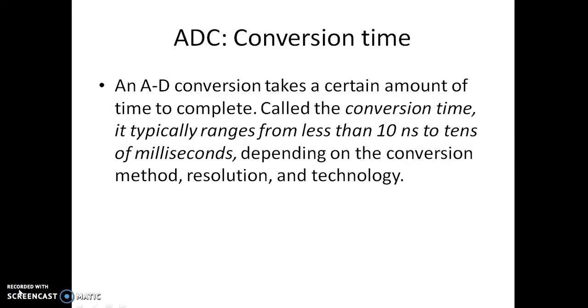After seeing the INL and DNL of the ADC, we know that once we give the startup signal, the ADC will complete the operation of converting the input analog voltage to digital form. It will certainly take some time, which is represented by the conversion time. An ADC conversion takes a certain amount of time to complete, called the conversion time.